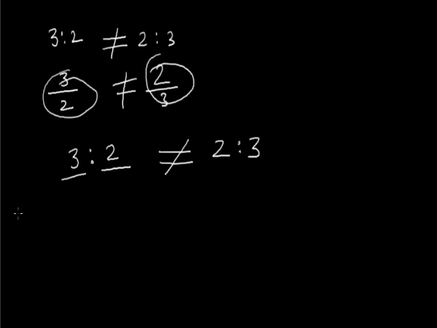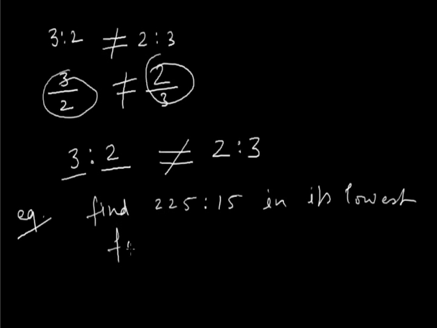Now let us take an example. Find 225:15 in its lowest form. Using the concept of ratio and fraction, 225:15 can be written as 225 divided by 15.